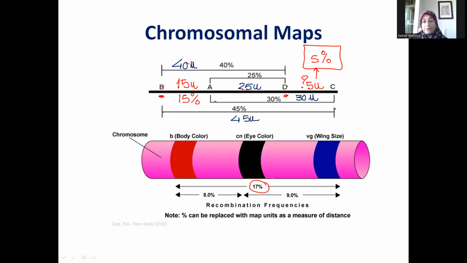So here you have 17%, the total percentage or frequency between body color and wing size. And then you might be given that one, for example, which is 8%, and then the remainder would be 9% or 9 units.